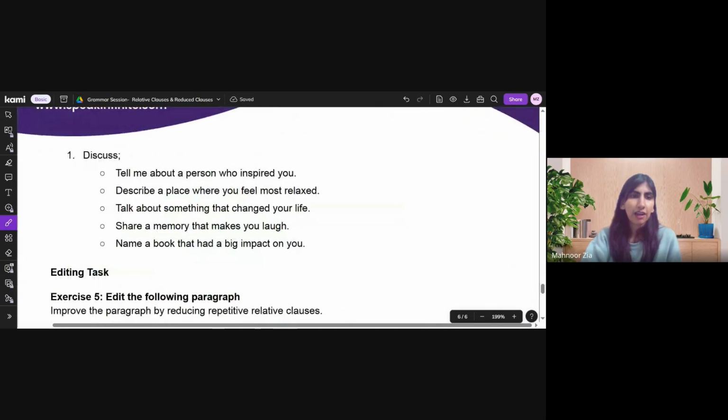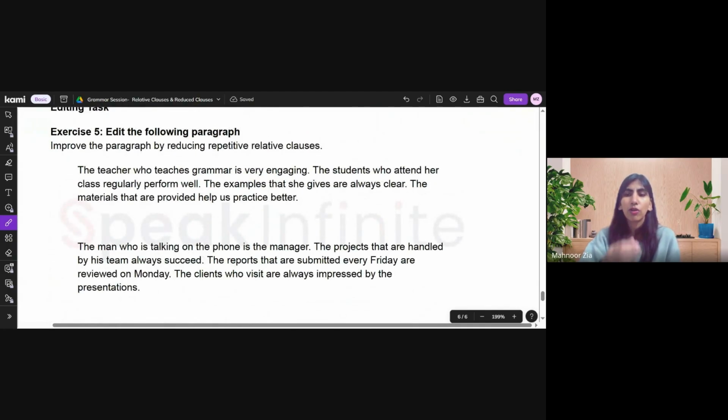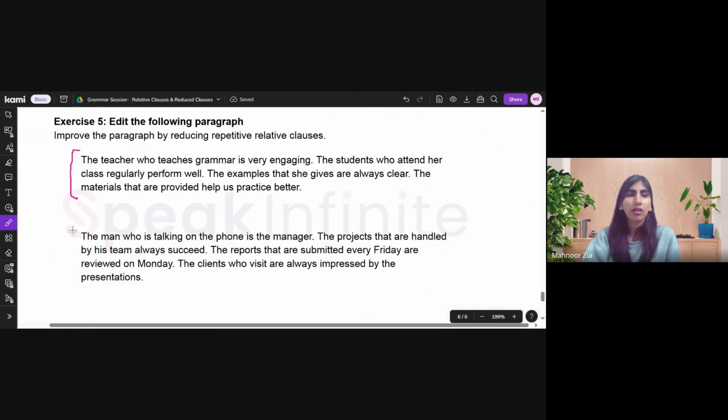We can go into the details of it in the next session. But for now, let's try and do this with the time that we have. Whatever we have learned, let's try and utilize that in exercise number 5, where we are to edit this paragraph. Both of these are paragraphs in which there is either no punctuation for relative clauses or there are no relative clauses used.